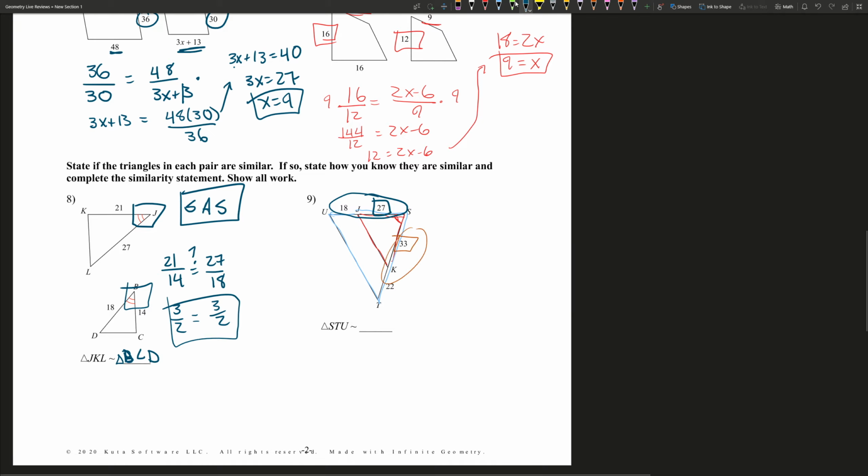So if we do that, 27 will correspond to 27 plus 18, and that should equal 33 over 33 plus 22. All right, so keep in mind that these longer sides are these smaller sides plus a little extra. That's why I'm writing it as 27 plus 18.